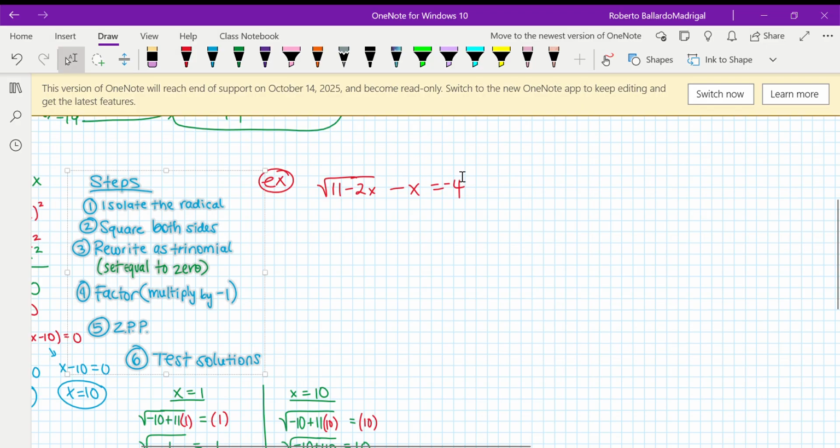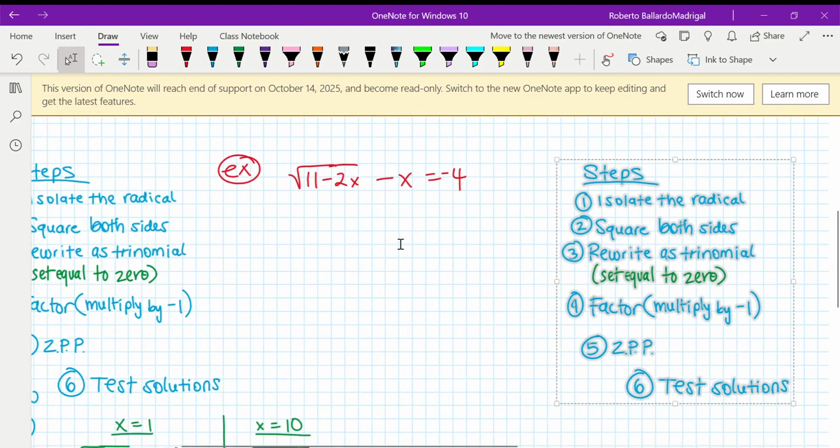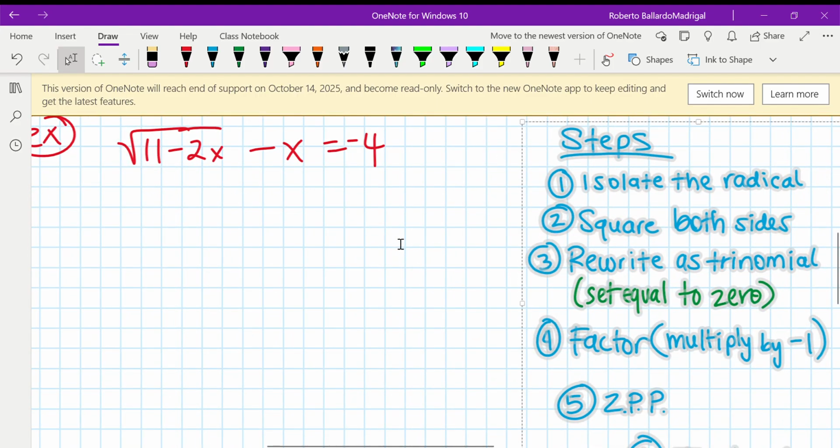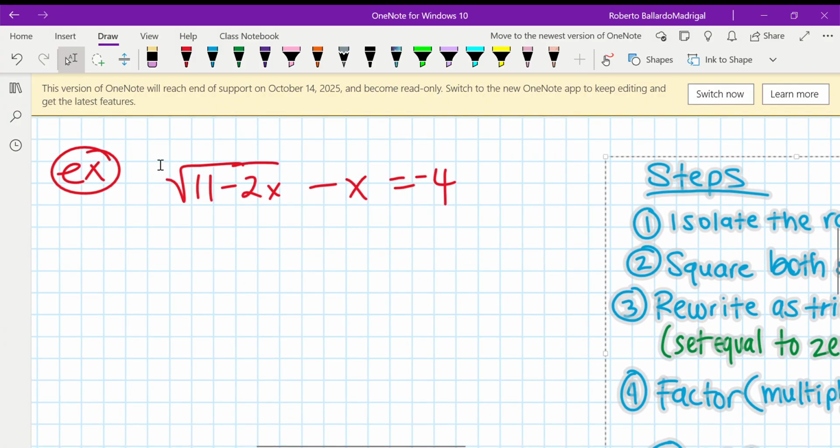Copy and paste. There it is. All right. Once again, this is the problem for you guys. Radical 11 minus 2x minus x equals negative 4.